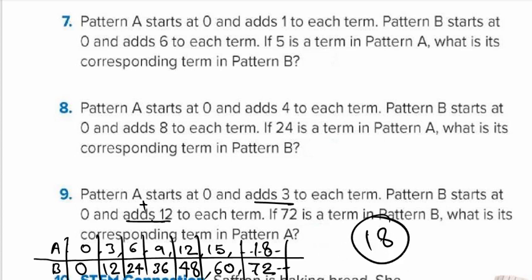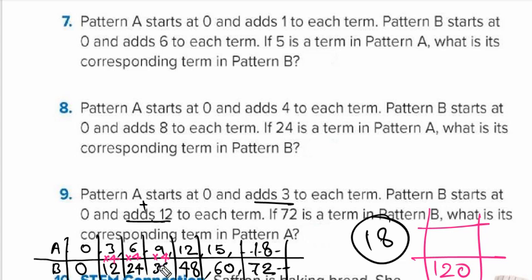18 is your answer. But let's say 120 is the term in pattern B, what is the corresponding term in pattern A? Then rather than writing all the sequence, find the relation. Just write 3 terms here, and 3 times 4, 12. 6 times 4, 24. 9 times 4, 36.